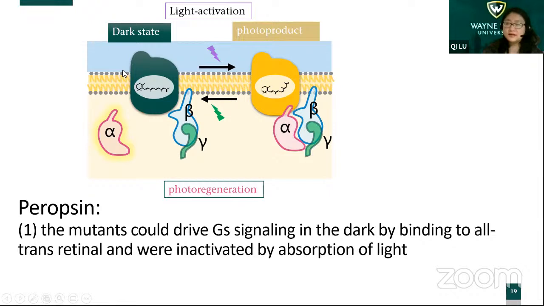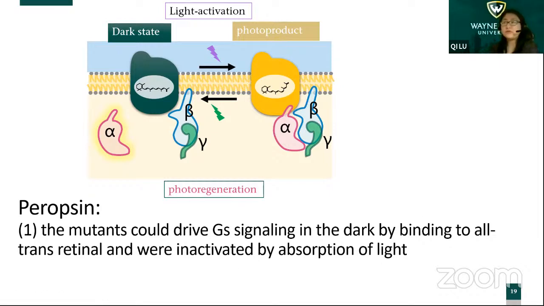However, in a dark state, it can drive G protein signaling while it's binding the all-trans retinal. And the absorbing of light will inactivate the peropsin. So that's totally different.